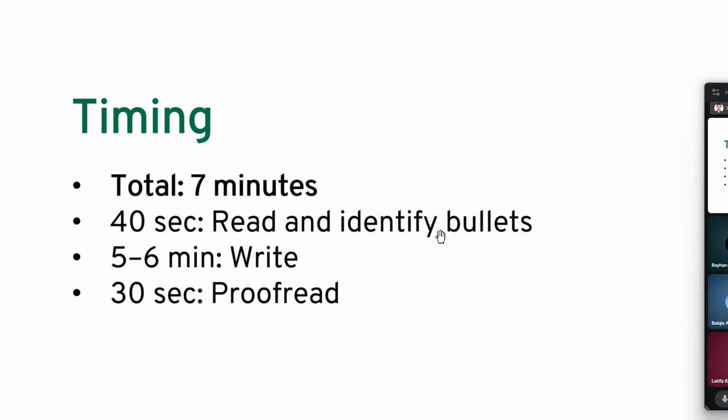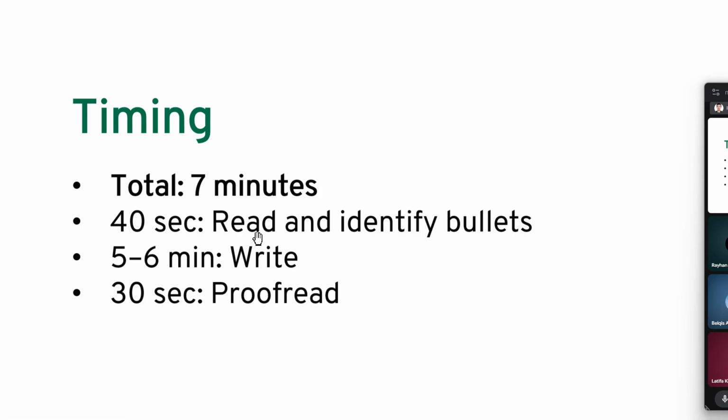Find out what it wants us, what is the scenario, and what are the bullet points needed to be answered. The next 5 to 6 minutes, we need to start writing. And the last 30 seconds, we need to proofread. So it is an overall timeline for managing the 7 minutes appropriately.